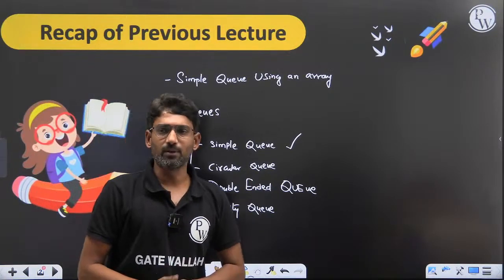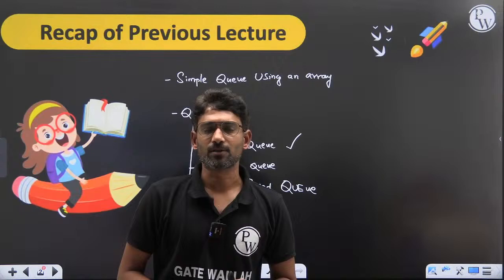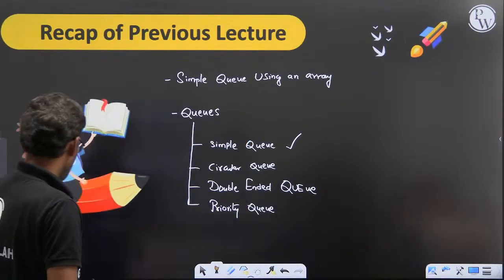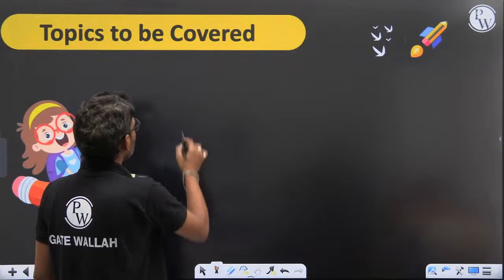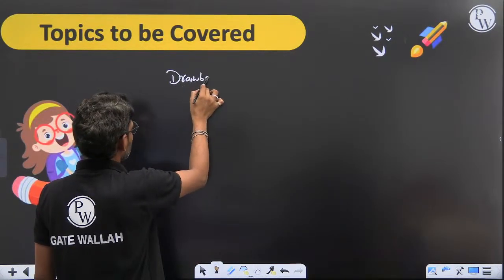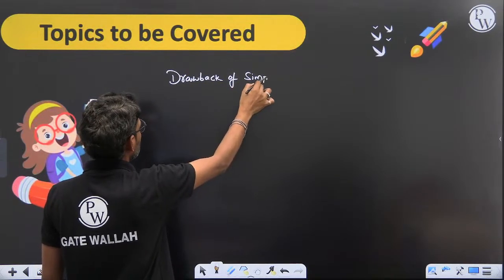Hope everyone understood the enqueue and dequeue implementations using an array, right? Today we will first discuss the drawback of the simple queue. What is the drawback of the simple queue?